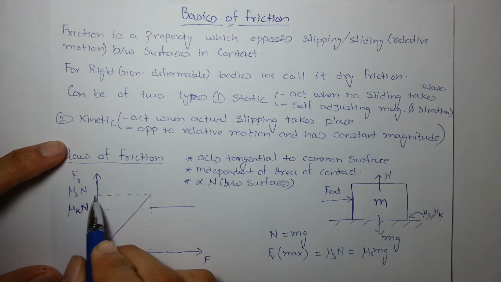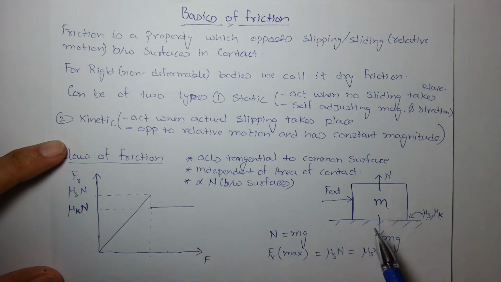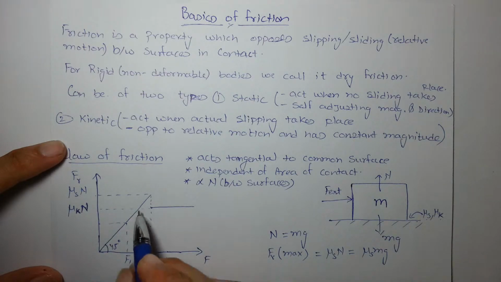Until this external force reaches mu s N, friction will be equal to the external force applied. For example, if F external is F1, which is less than mu s N, the friction will act equal to F1. If external force is F2, friction will act F2.